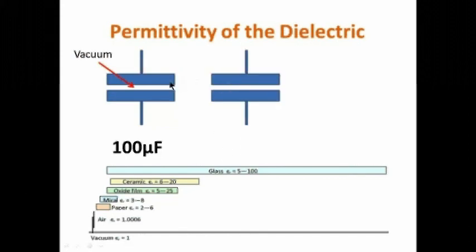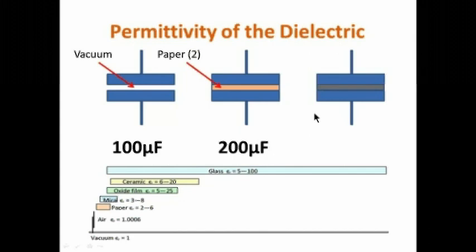So I'm leaving all the dimensions the same here, same plate area, same distance between the plates, but I'm going to change the dielectric to paper, and I'm saying that's got a relative permittivity of 2. So the capacitance value is going to double. We're going to go from 100 microfarads to 200 microfarads just by replacing that vacuum with paper.